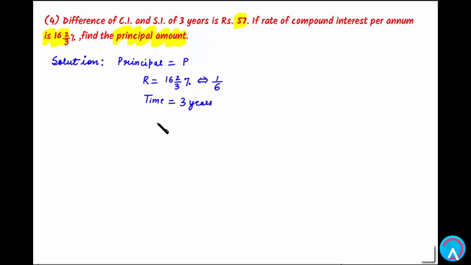And we know that when time is equal to 3 years, the formula for compound interest is 3a plus 2b plus c plus b, and a will be equal to 1 by 6 of p.